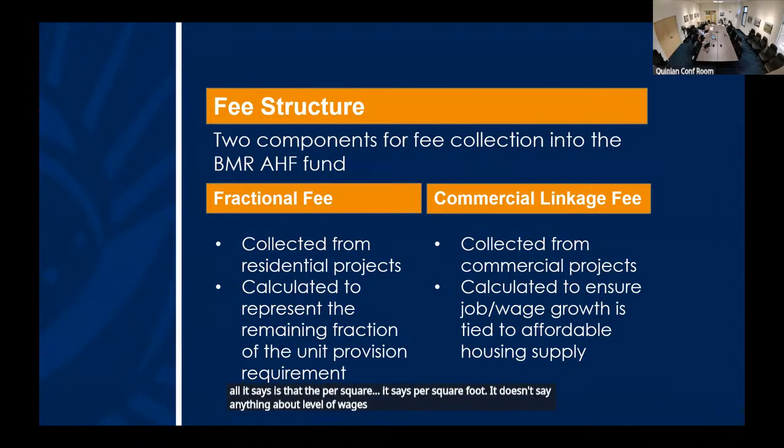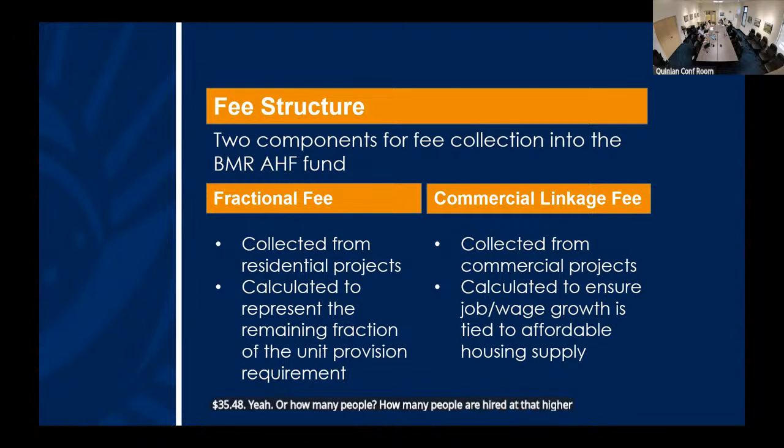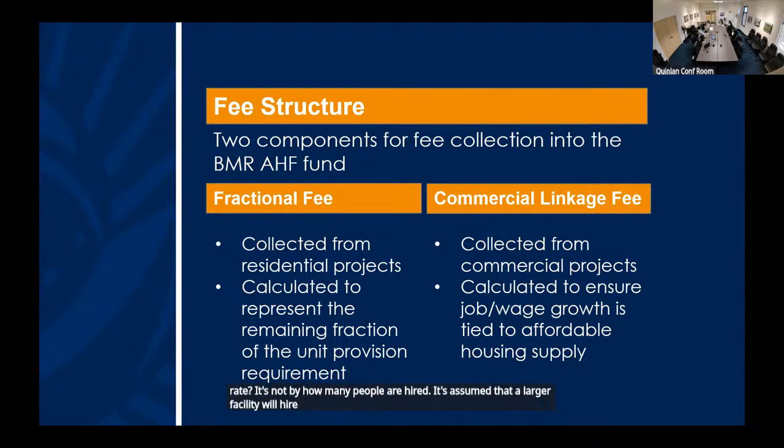So I don't know if there's an algorithm by which that $35.48 is set, or how many people are hired at that higher rate. It's not by how many people are hired, it's assumed that a larger facility will hire more people to staff it. But the way a wage impacts the demand on housing, that's their market analysis that the consultant provides, right?